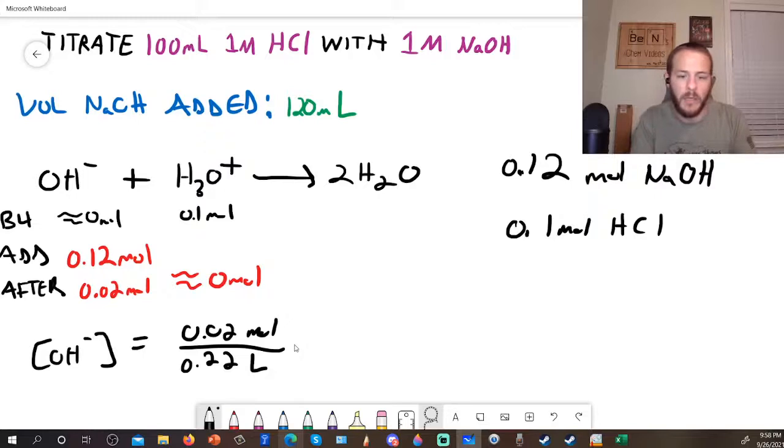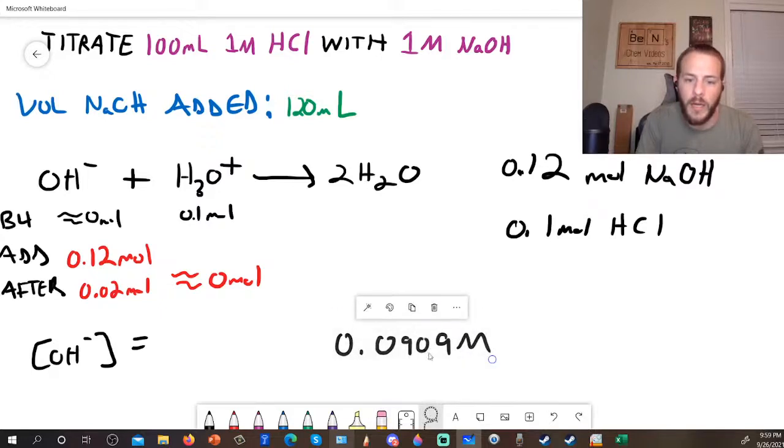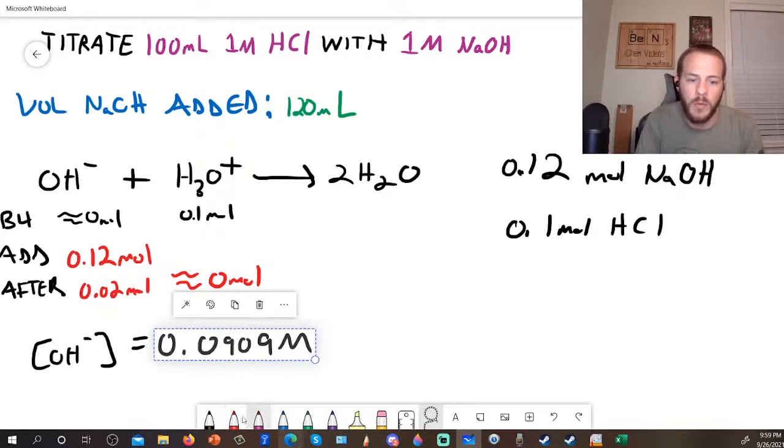That ends up being 0.0909 molar, right? So that's what our concentration of hydroxide is. And then we can get pOH from that.